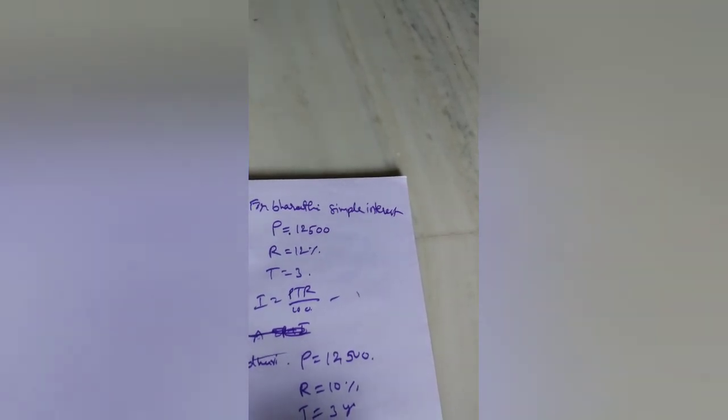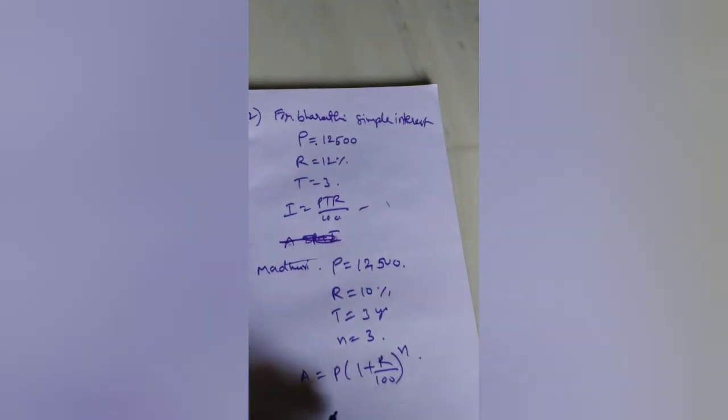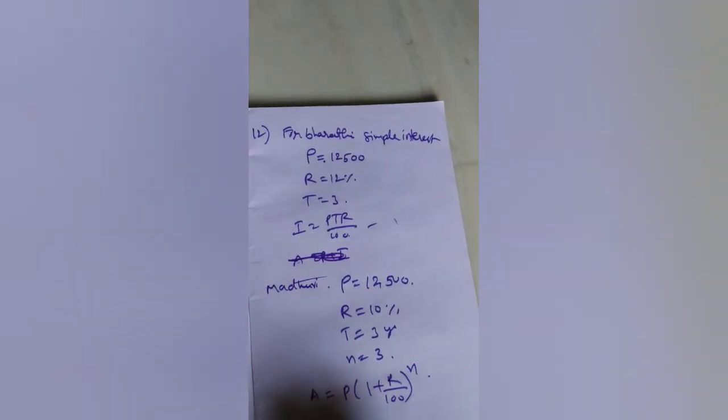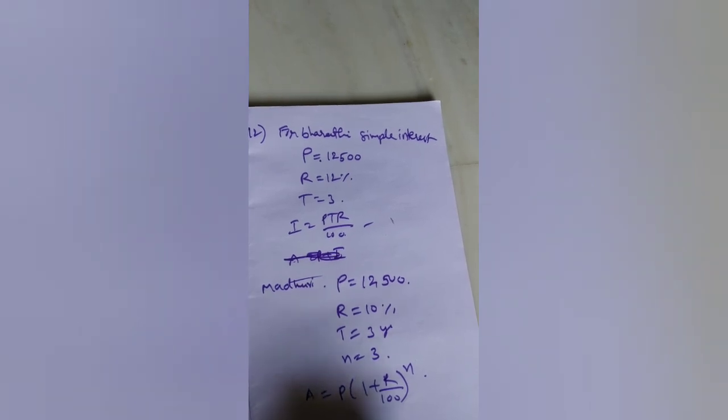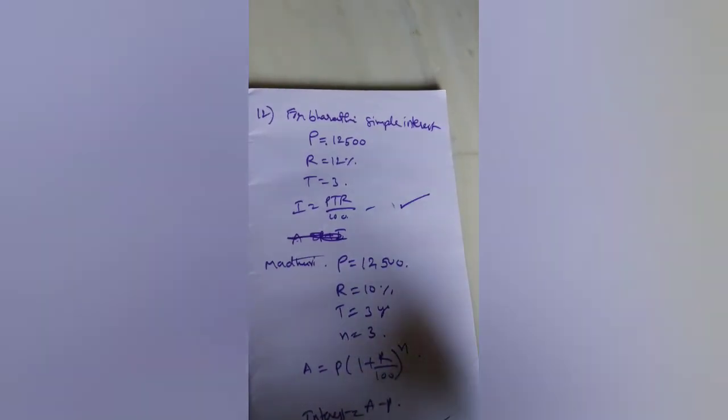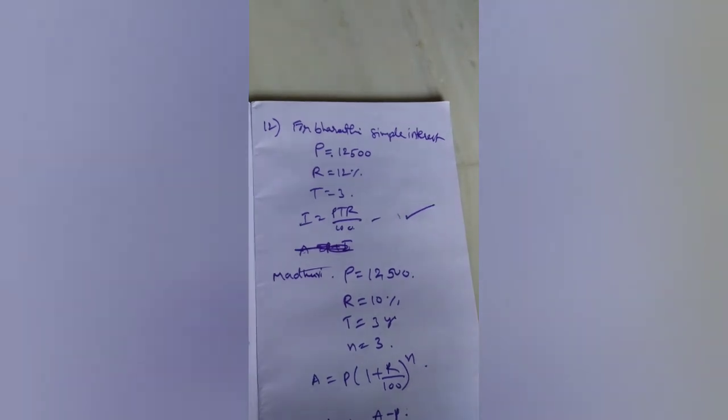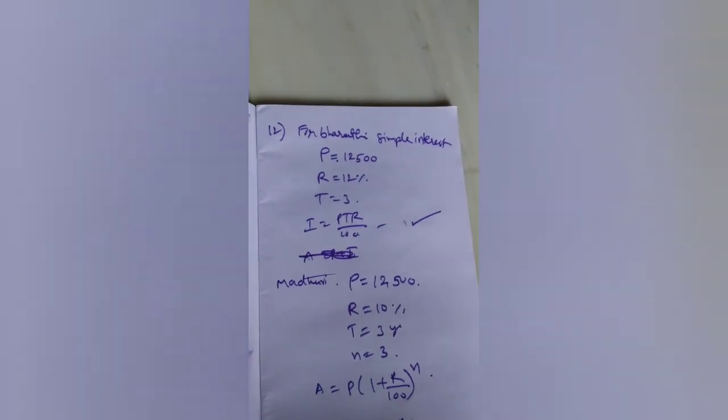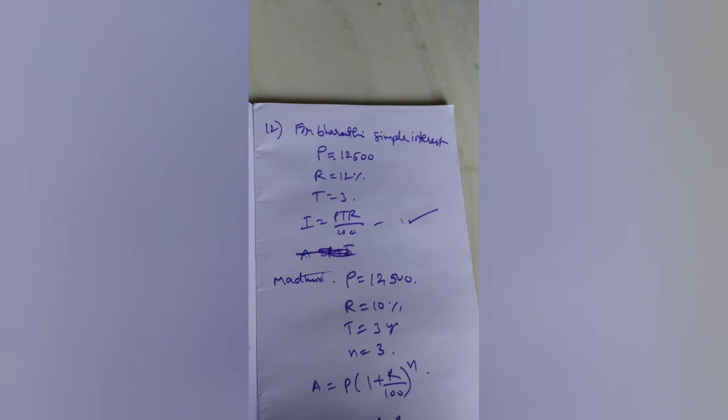So go with the amount is equal to P into 1 plus R by 100 whole to the power of N. By substituting in this, you will get the amount. Then find the interest: interest is equal to amount minus P. Then compare the interest here and the interest there, see which one is more and what the difference between them is. Find that. So the 12th one is homework for you.